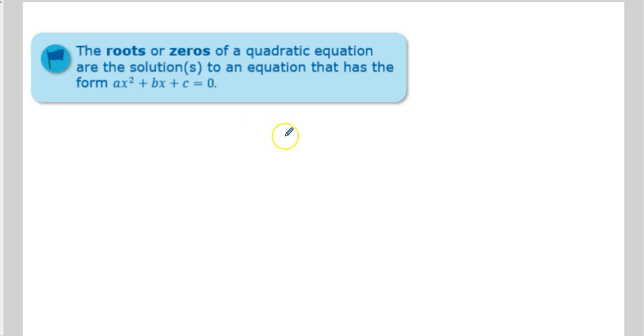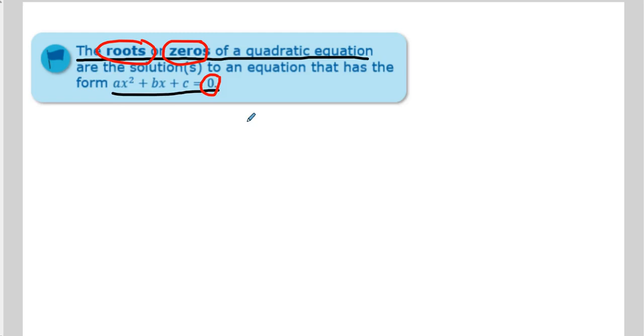As a reminder, roots or zeros of a quadratic equation are going to be our solutions when it's set equal to 0. In general, if they're asking you for roots or zeros, we're setting our equation equal to 0.